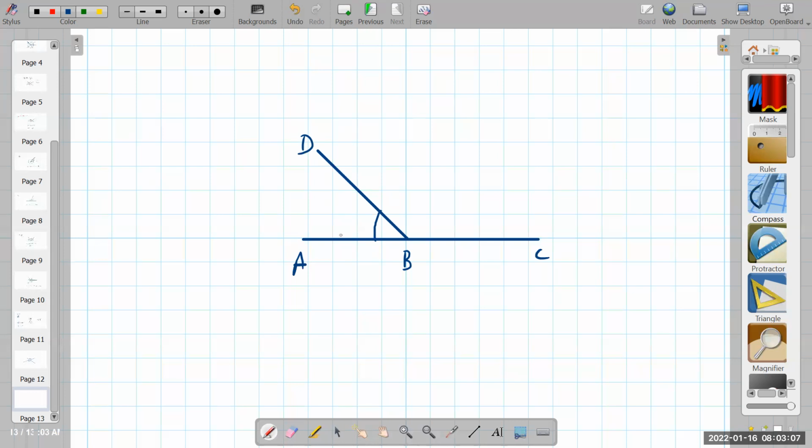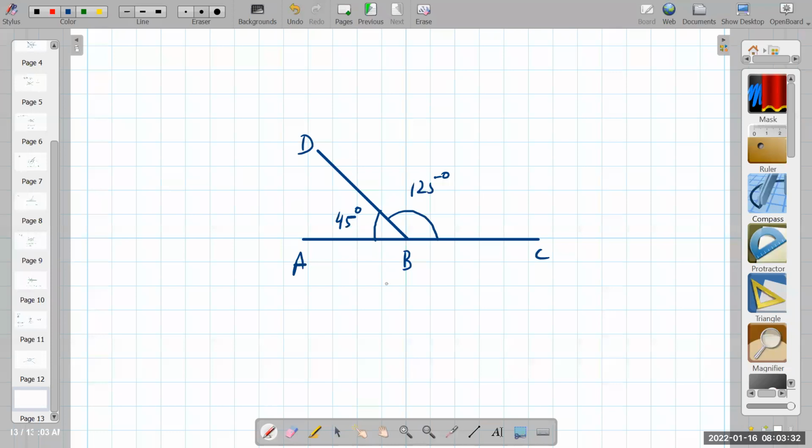This angle, ABD, is equal to 45 degrees. And angle CBD, this angle, is equal to 125.